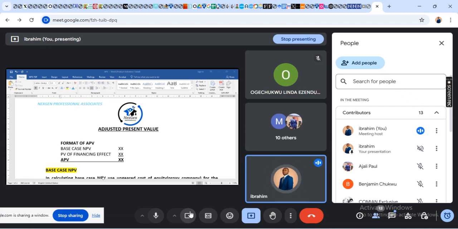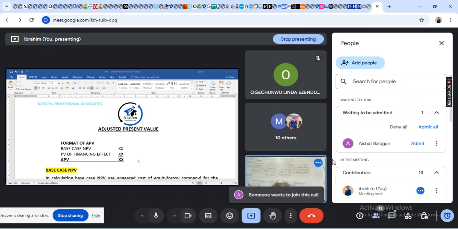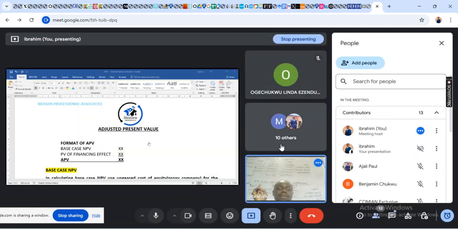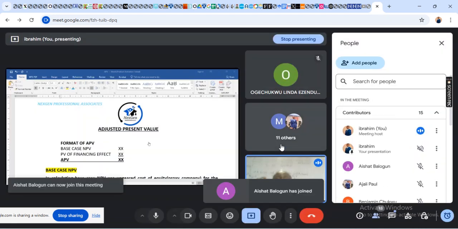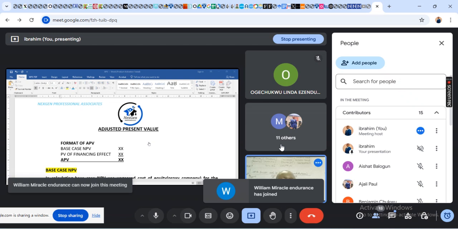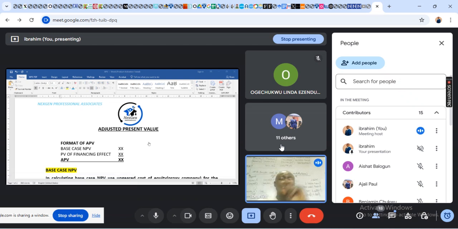When you want to calculate adjusted present value, you need two items: one, the base case NPV, and two, the PV of financing effects.